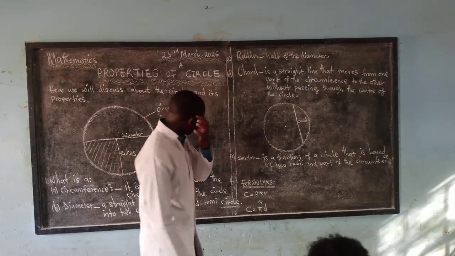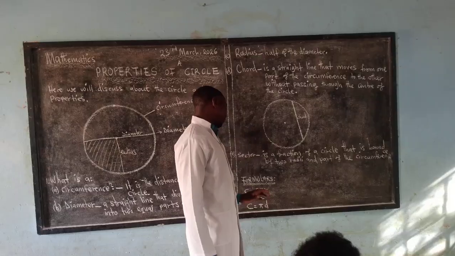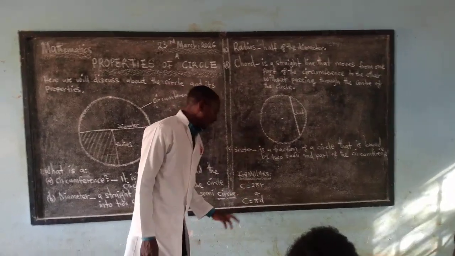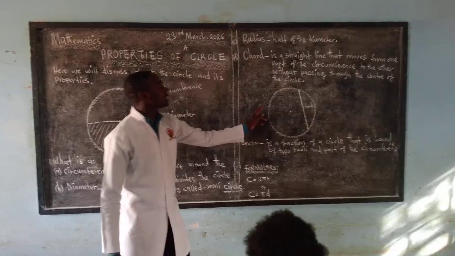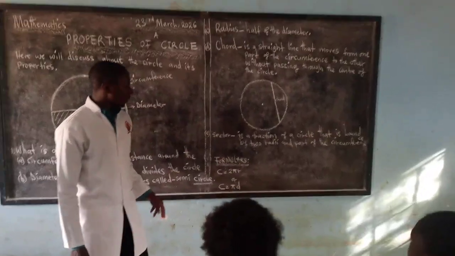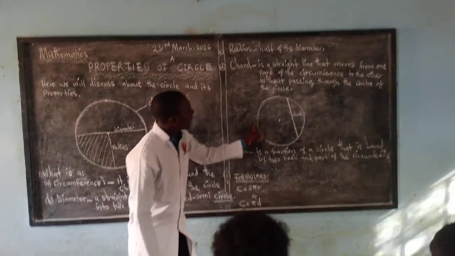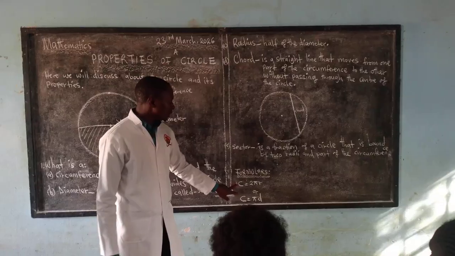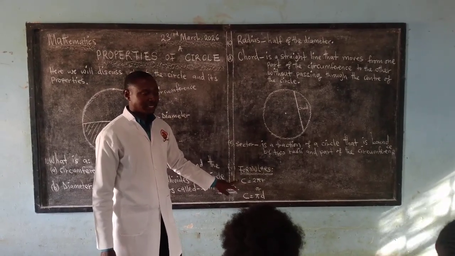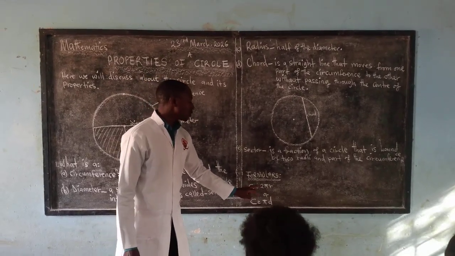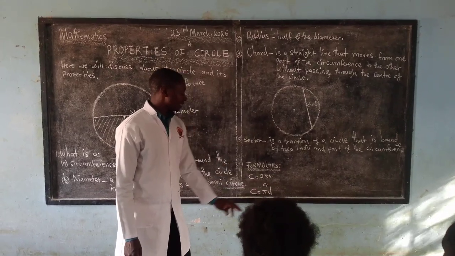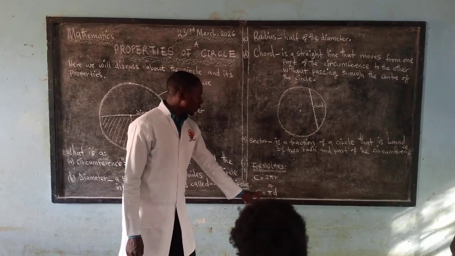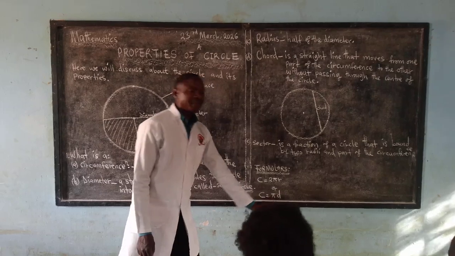Are we together? Now, here are the 2 formulas. If you want to find the circumference, the total distance around the circle, use these 2 formulas. Circumference is equal to 2 pi r, or pi times diameter.